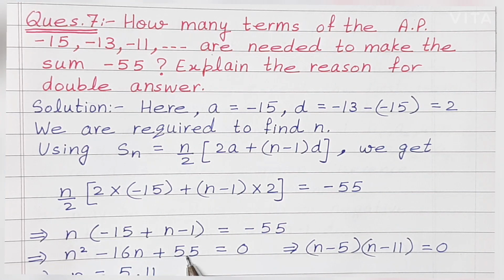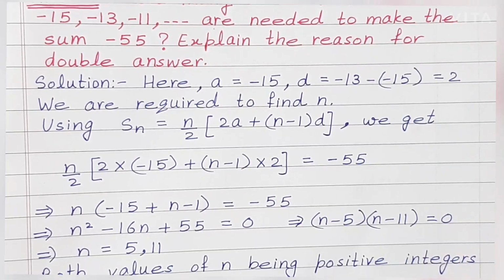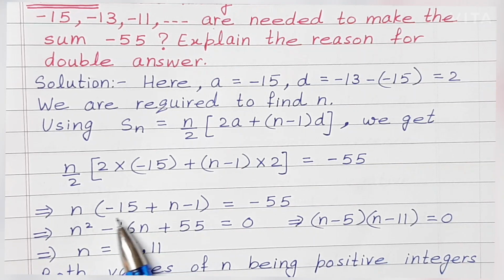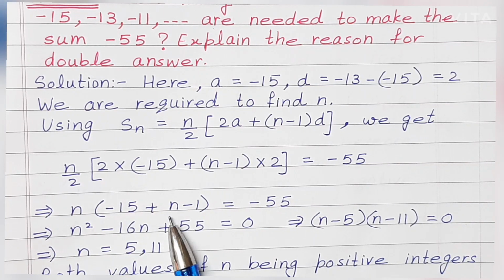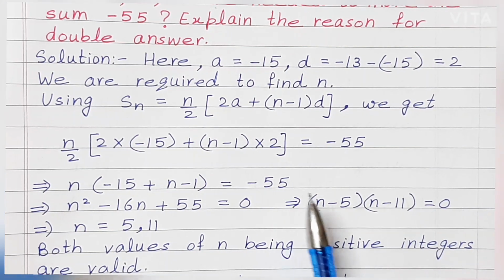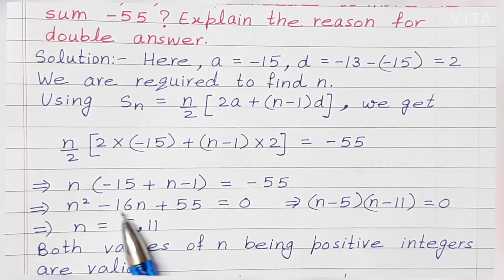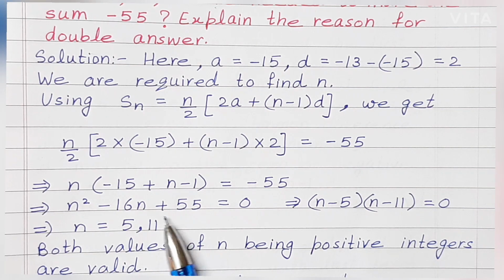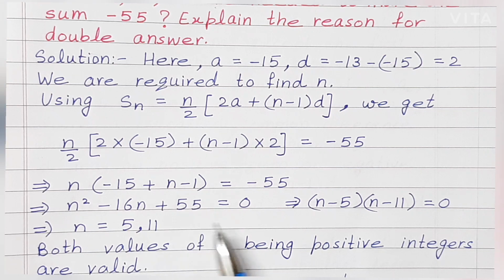Now let us solve this. We will get n into minus 15 plus n minus 1 as minus 55. Now, students, you can see it is a quadratic equation now. n square minus 16n plus 55 is equal to 0.